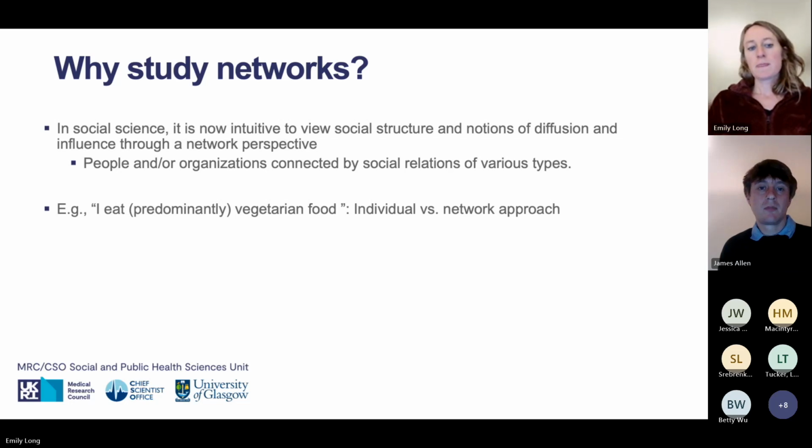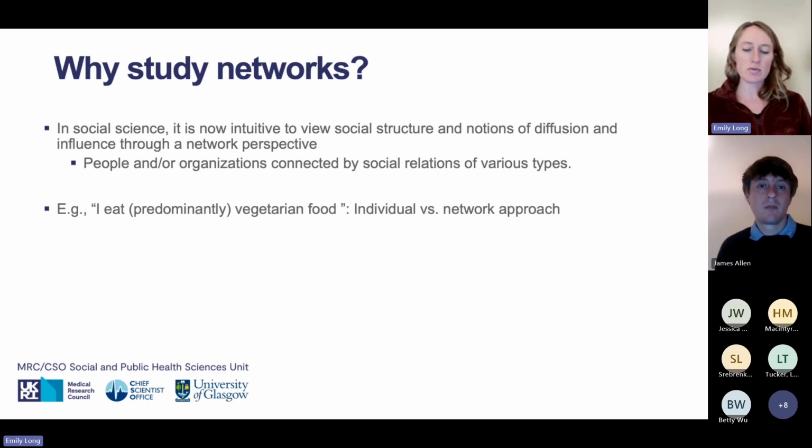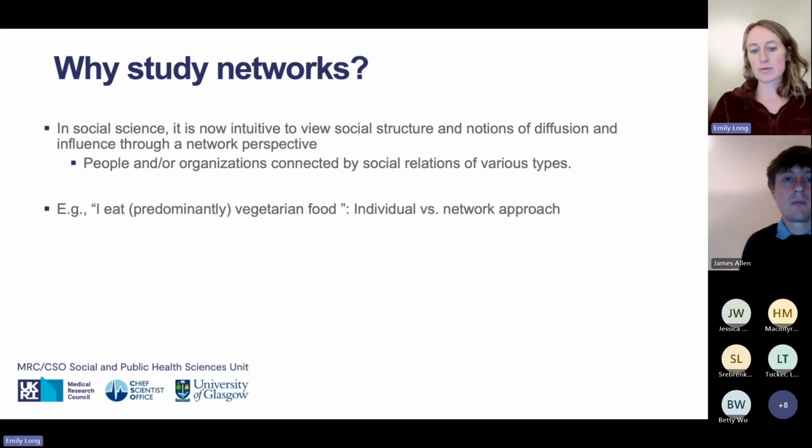So, for example, you could take the statement "I eat vegetarian food" and look at this from either an individual perspective or a network perspective.